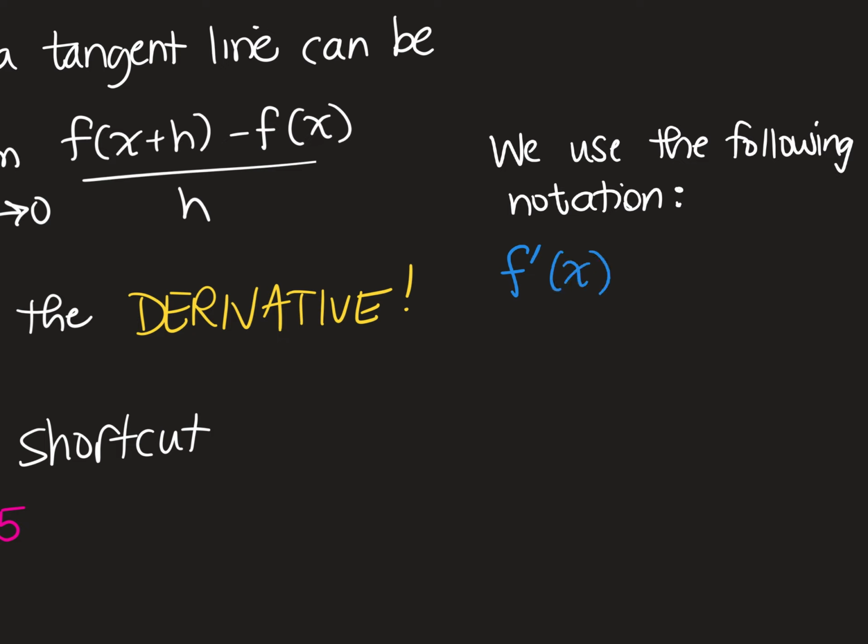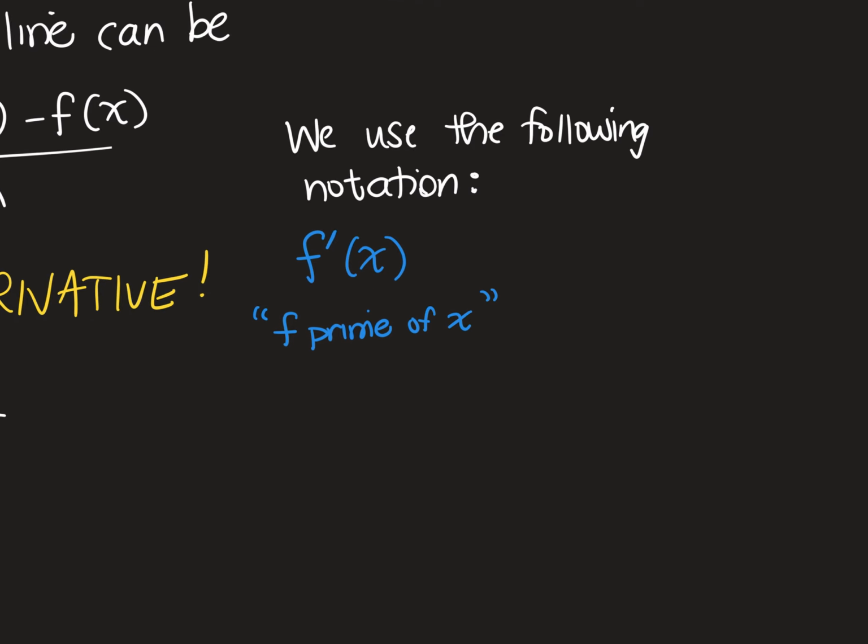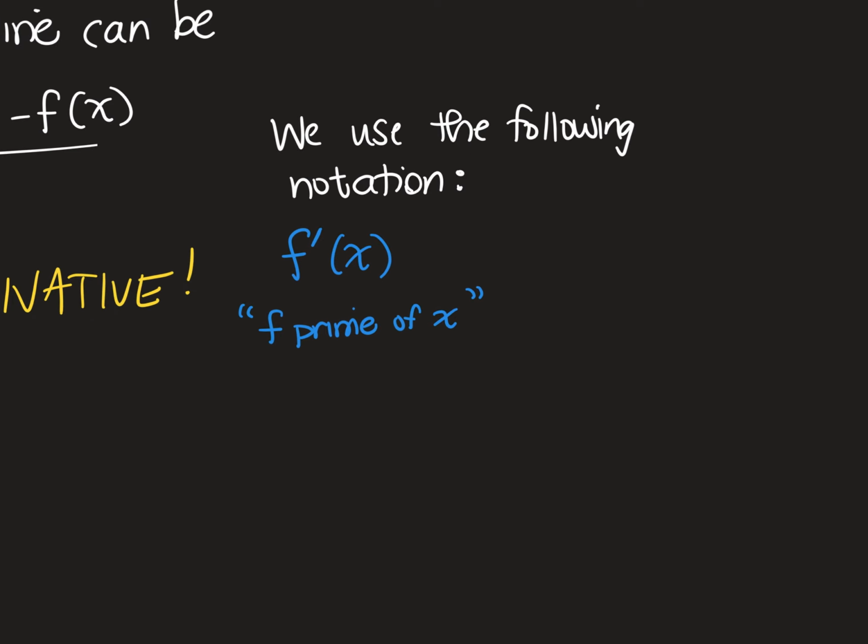It's not a 1, okay? It's a little dash. We read this as f prime of x. Generally speaking, this is the one that we use the most, or at least the one that you'll see the most initially. As you move further into calculus, you may see some other notation.